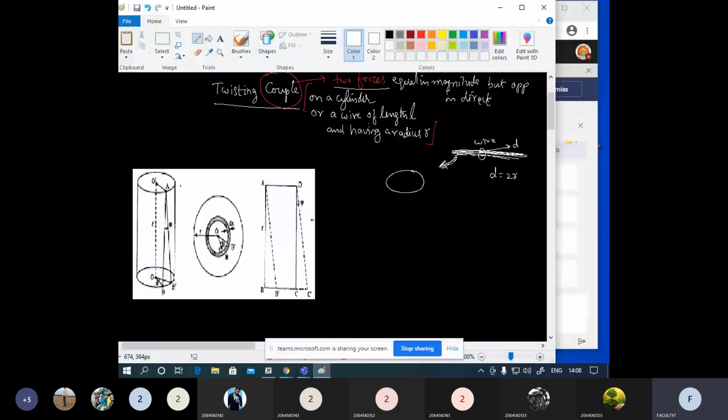We will take a particular length of the wire or cylinder, of length L, and consider that the radius of the wire is R. If you want the diameter, you take 2 times the radius. If you draw a circle like this, this is R, and if you take this R also, then between these 2 points you get D, the diameter of the entire wire.